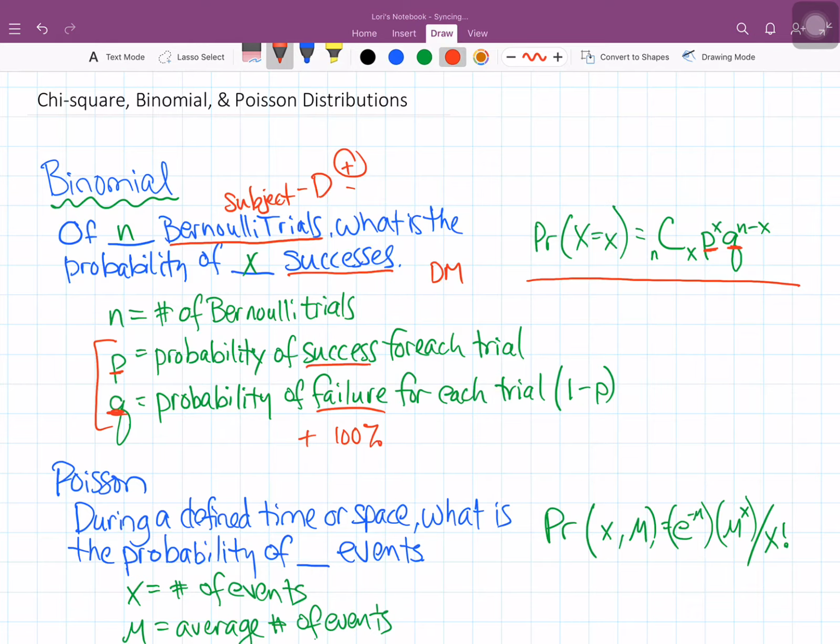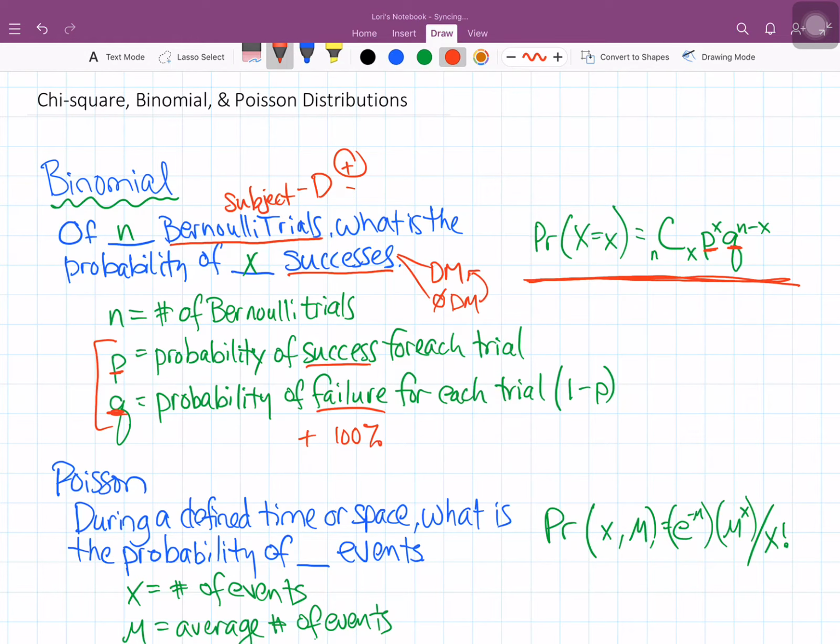So if the probability of success is 20%, then the probability of failure must be 80%. Those two things are complementary, and this is exactly why we can define success in either way. Success might be having diabetes, or success might be not having diabetes. And then the other group is automatically included in this particular equation over here.